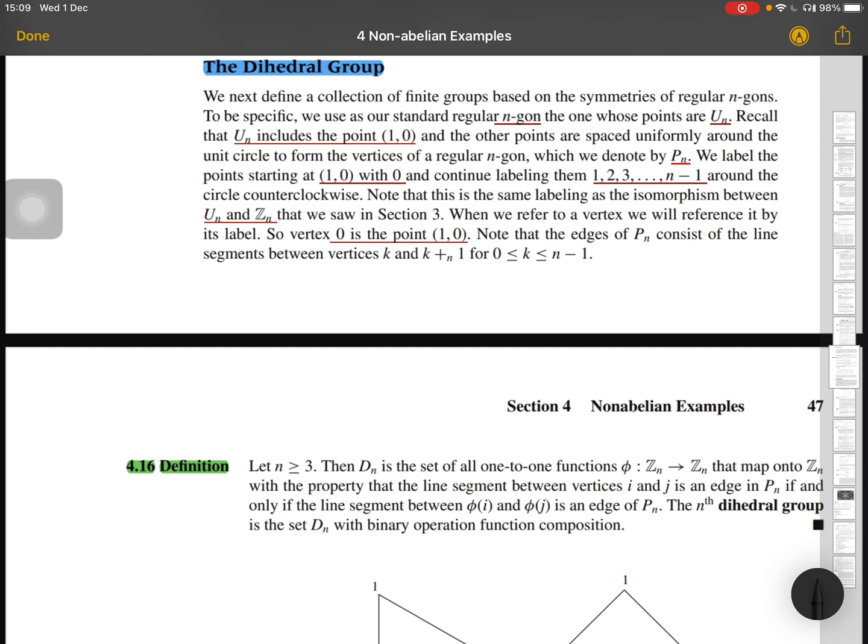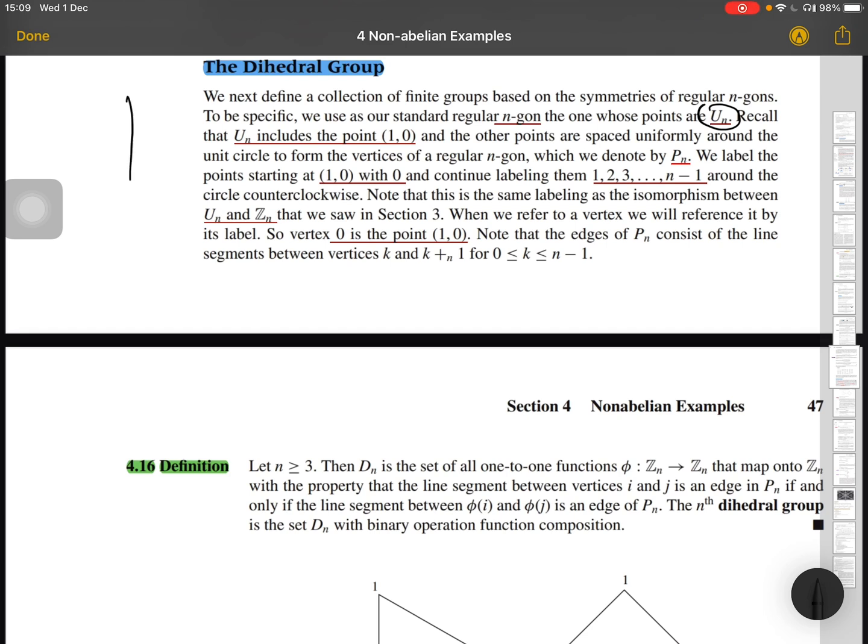So we use the standard regular n-gon, the one whose points are the nth roots of unity. Recall that the nth roots of unity include all points, and the first point is always the point (1, 0).